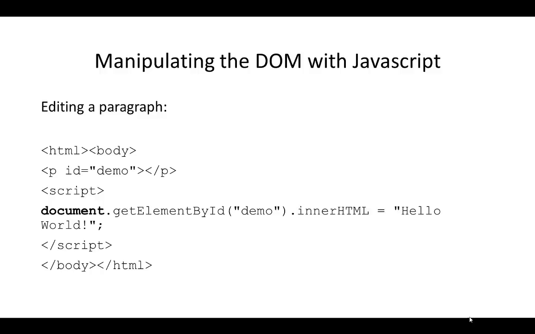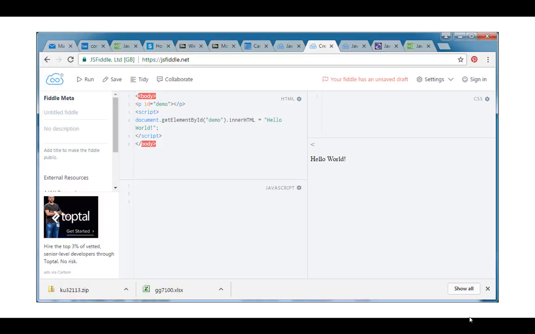Immediately after the paragraph is created, a script runs. The script looks for the element with the ID demo, finds this paragraph, and then will set the inner HTML, the text between the start and end P tags, to equal hello world. And then there we go. When we run that, there it is in JSFiddle. Hello world gets written within that paragraph.